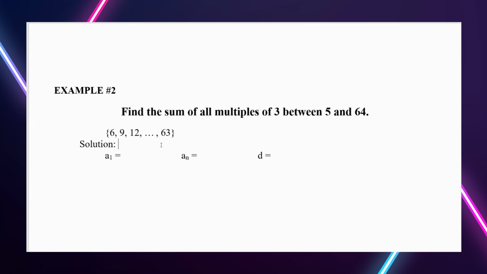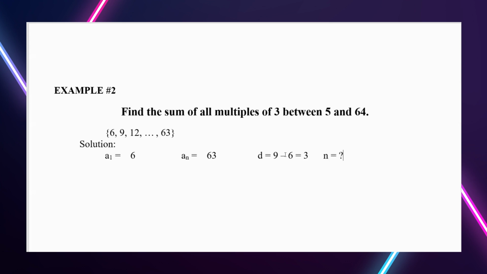Okay, now, based on our illustration ng ating sequence, let us identify what is the first term. The first term is 6. The last term is 63. The common difference is 9 minus 6 is equal to 3. At napaka-importante sa ating given ang value ng n.